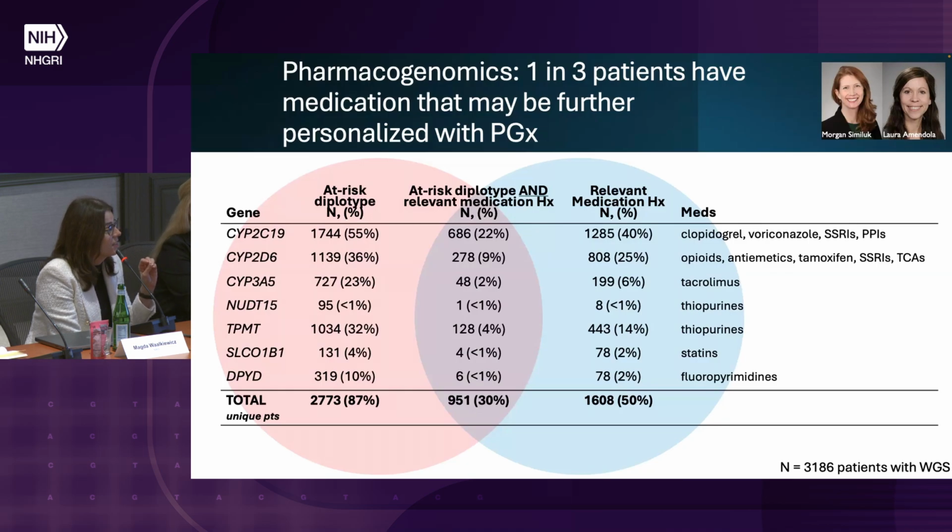When she then cross-referenced those patients with the medication that was in our medical record that was prescribed for these patients, 1 in 3 of these individuals had a medication and a pharmacogenomic finding that could alter the medication that's prescribed.